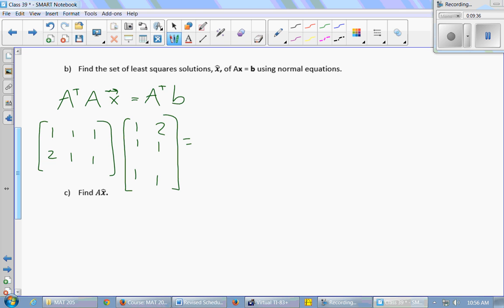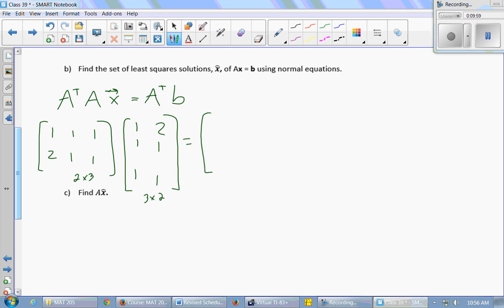Do the multiplication. This is a 2 by 3. This one is a 3 by 2. So my result is going to be 2 by 2. The inner dimensions match, which means I'm allowed to multiply them, and the outer dimensions will be the resulting dimension of the matrix.